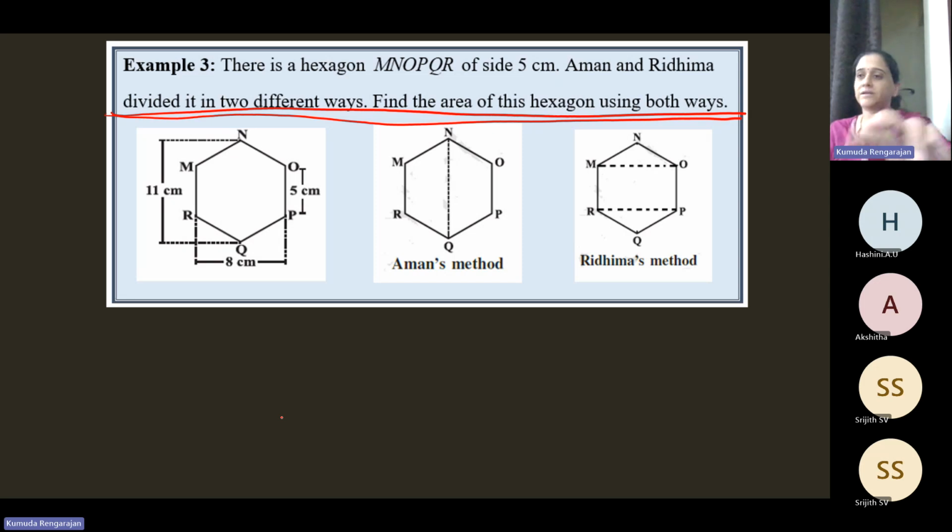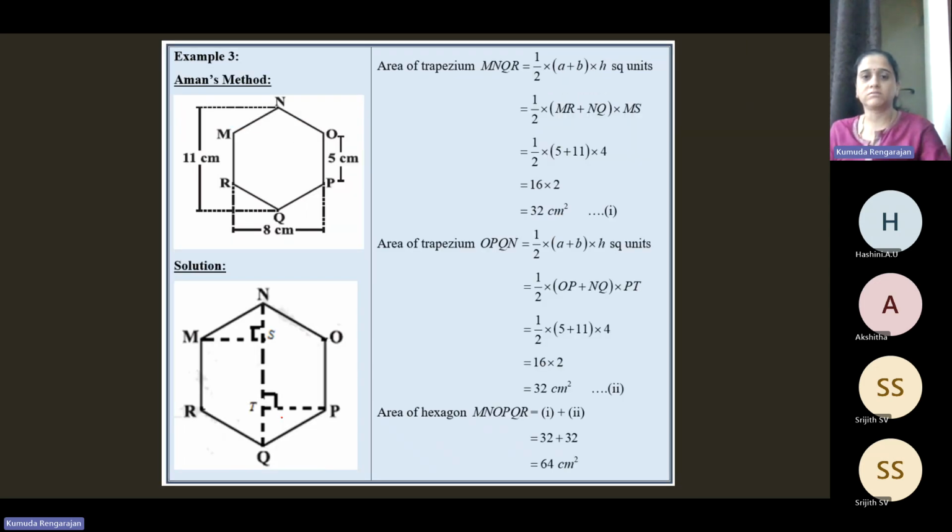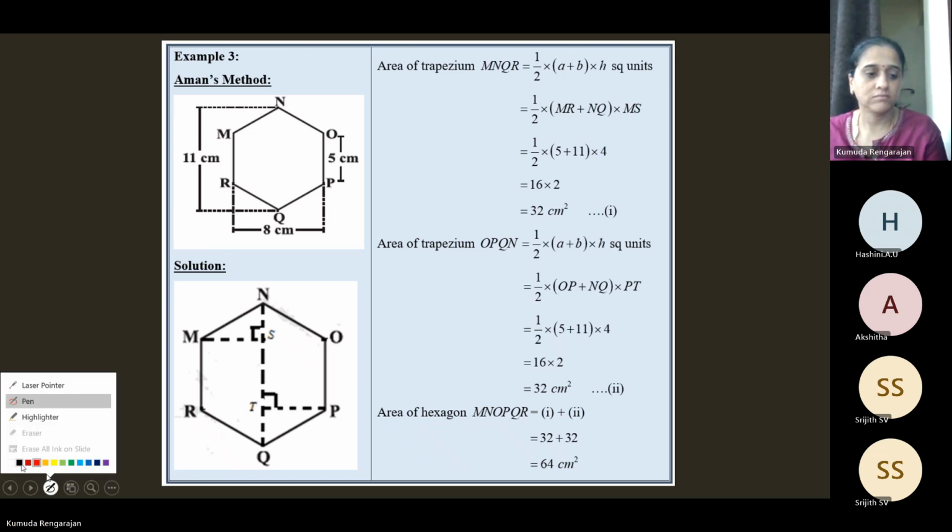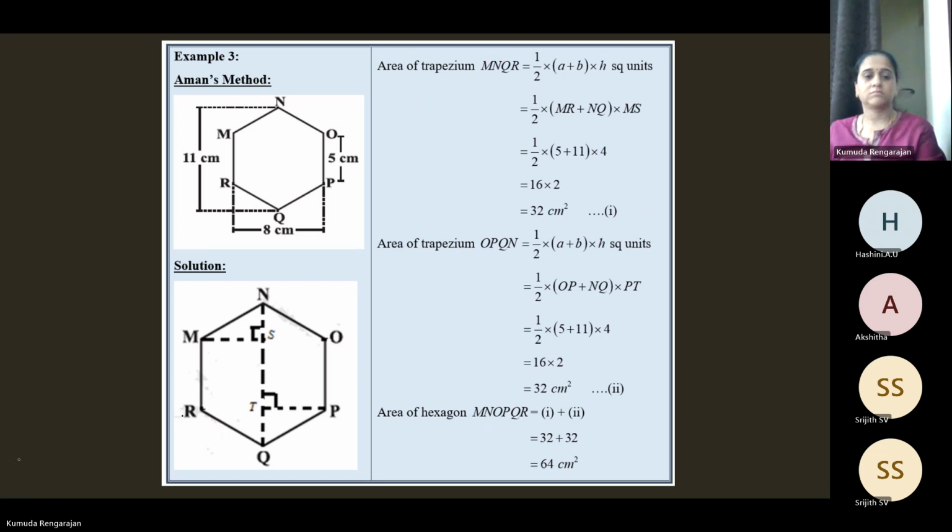Okay. Taken the question, the first two lines? Yes, ma'am. Where?